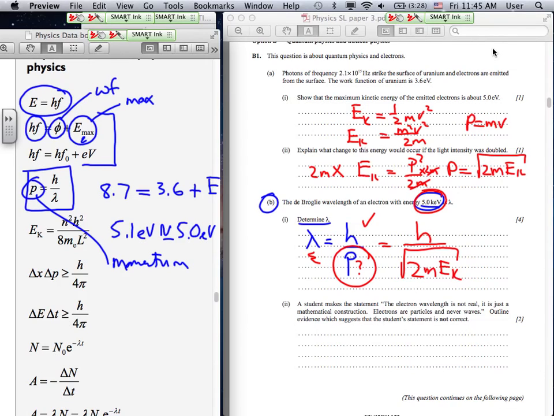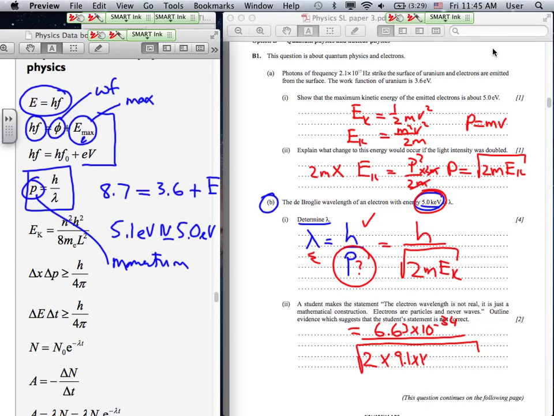And I can put in those values. So we're going to get 6.63 times 10 to the negative 34 divided by the square root of 2. Now this is the mass of an electron, and the mass of an electron is 9.1 times 10 to the negative 31.